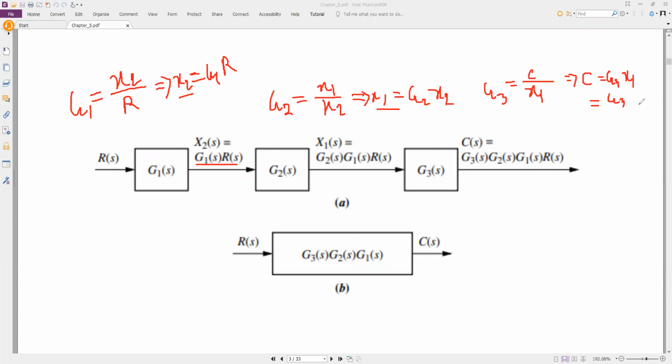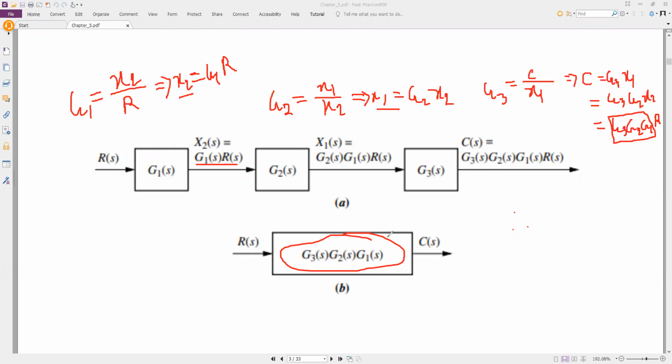Instead of X1, you can write G2 X2, and instead of X2, you can write G1 R. So G3, G2, G1 R, that is C. As a result, this is your transfer function: G3, G2, G1.